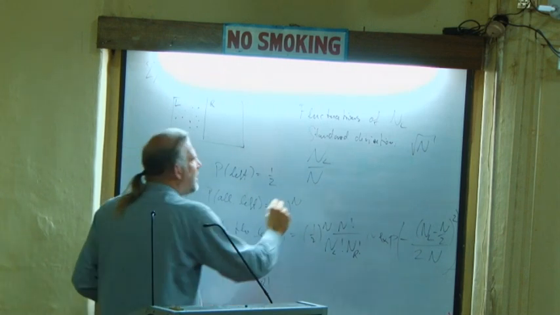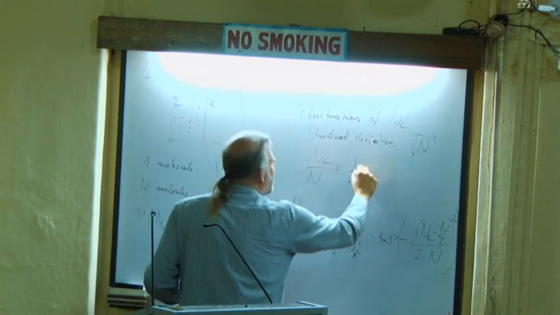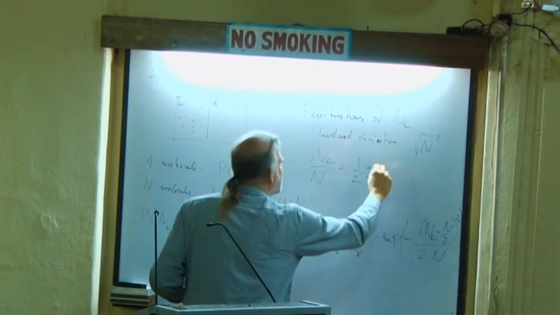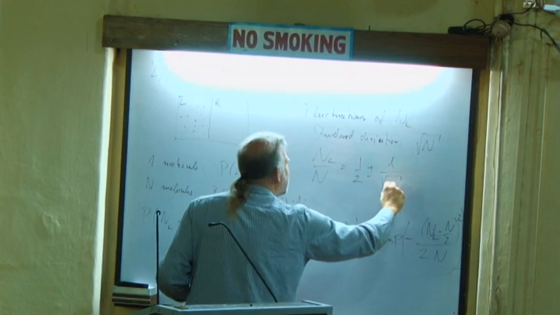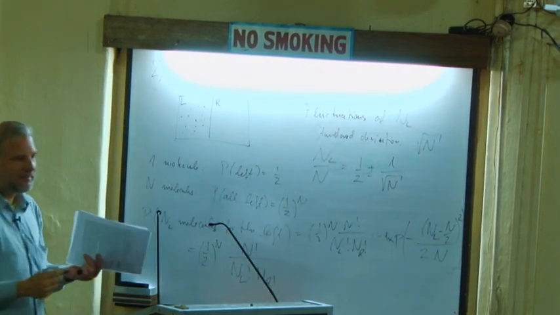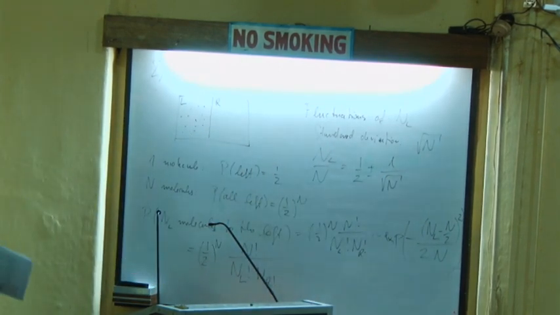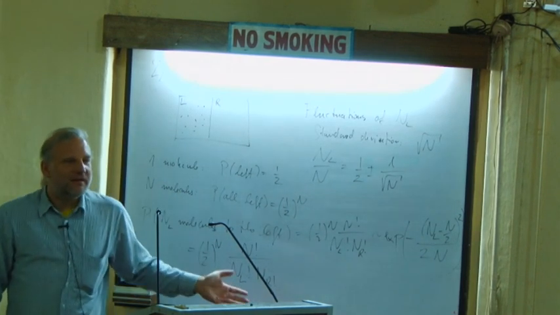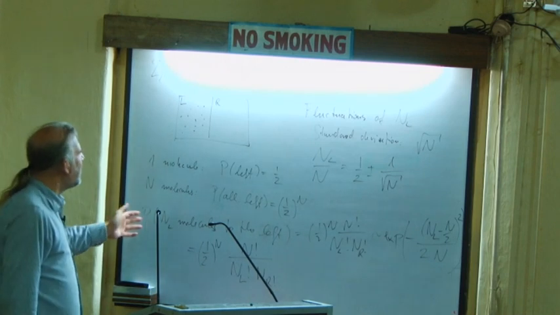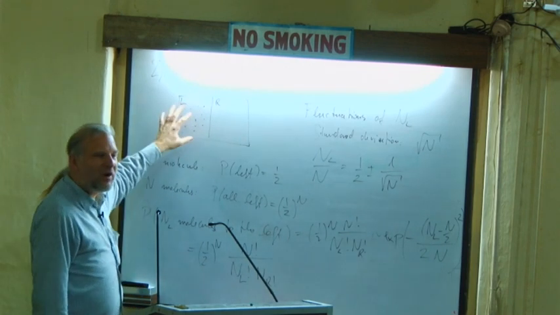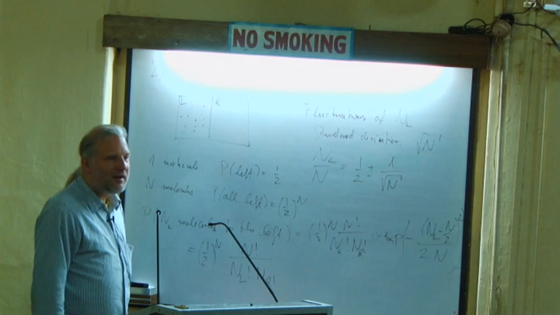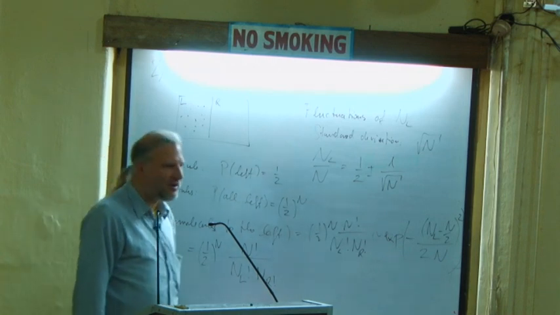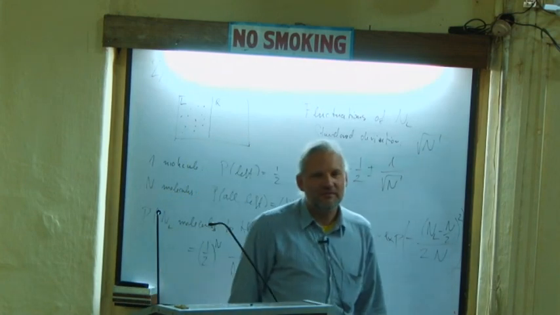You see that this is equal to 1/2 plus or minus, and now I need to divide square root of n by n, so 1 by square root of n. Which means that statistically I will find half of the molecules to the left, with a relative fluctuation which is of the order of 1 by square root of n.